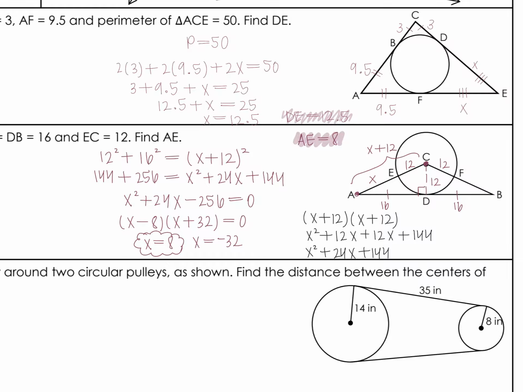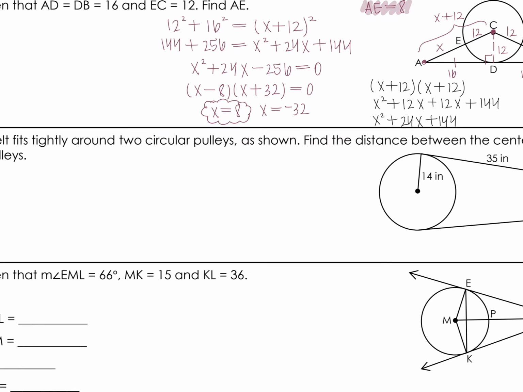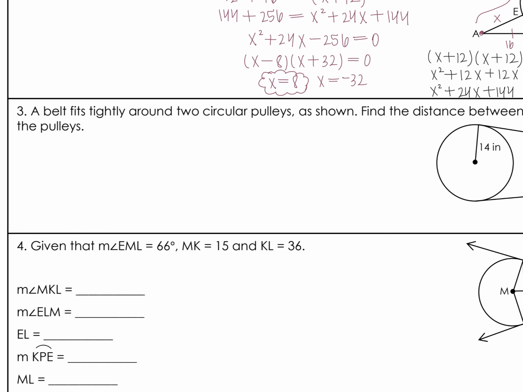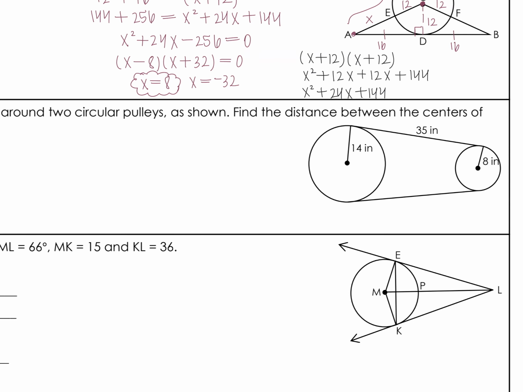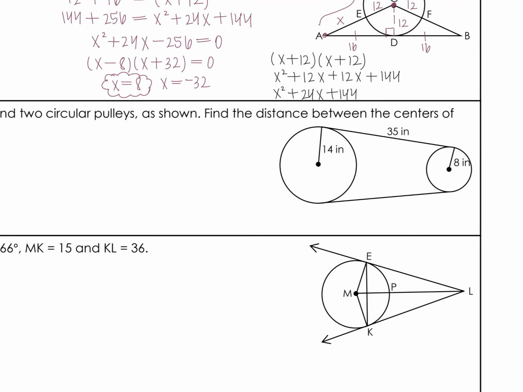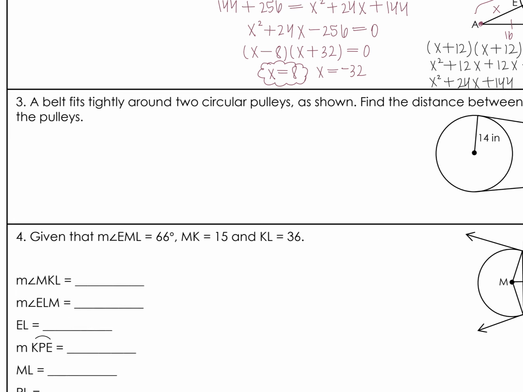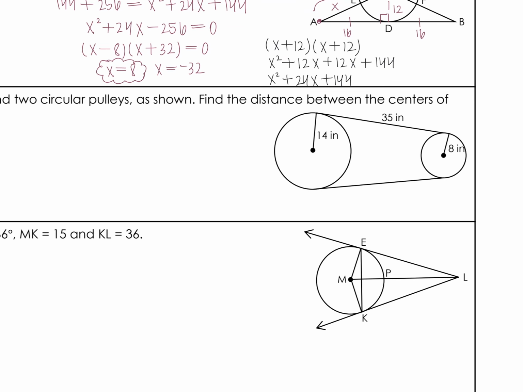All right, now let's move into number 3. So we have a belt fits tightly around 2 circular pulleys as shown. Find the distance between the centers of the pulleys. All right, so I am looking for, in this problem here, the length from these 2 centers.